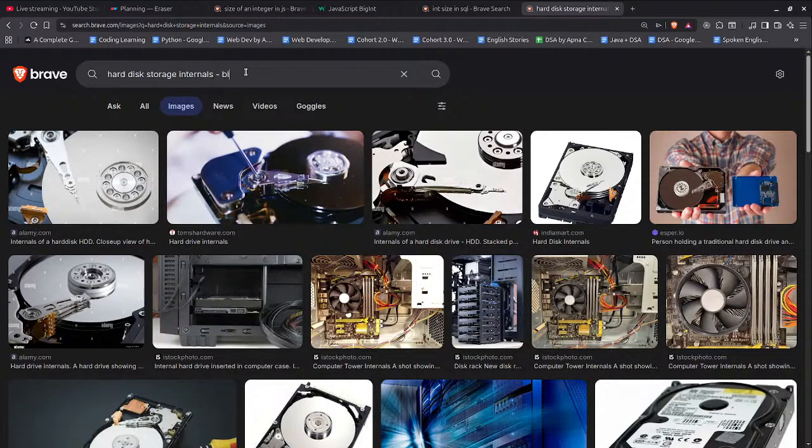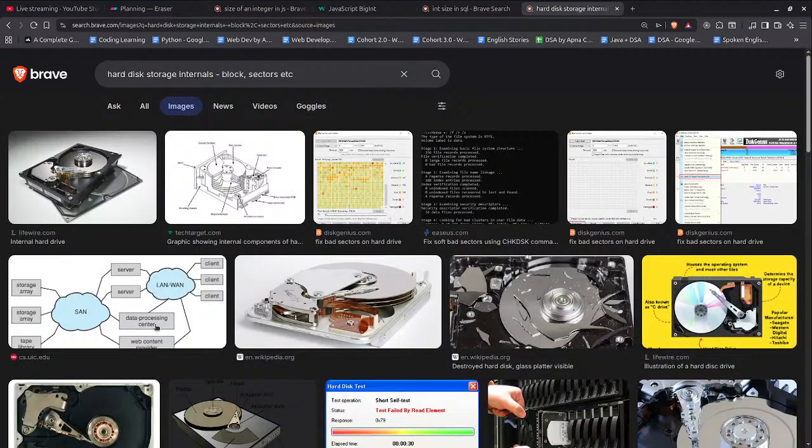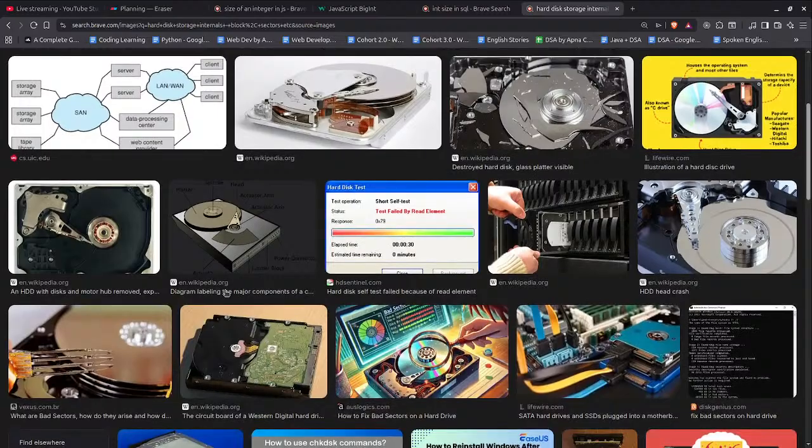Block, sectors, etc. Alright, here we are. So I hope I'm going to be able to see something good.